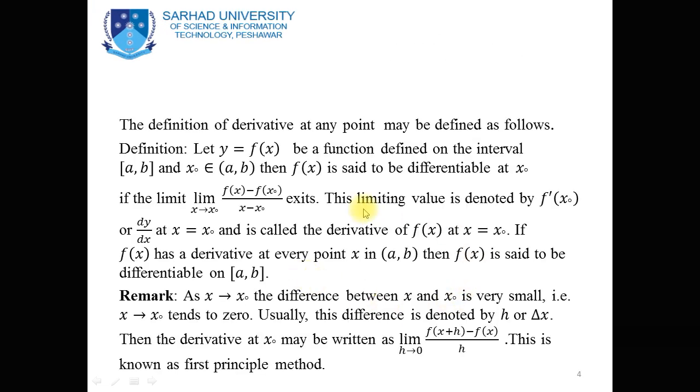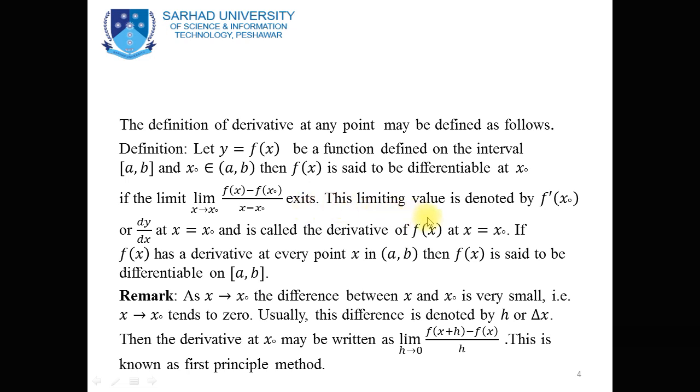Now, the definition of derivative at any point may be stated as follows. Let y equal to f of x be a function defined on the closed interval AB, and x naught a point belonging to the open interval AB. Then the function f of x is said to be differentiable at x naught if the limit x tends to x naught of f of x minus f of x naught divided by x minus x naught exists.